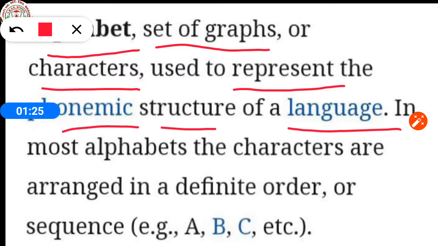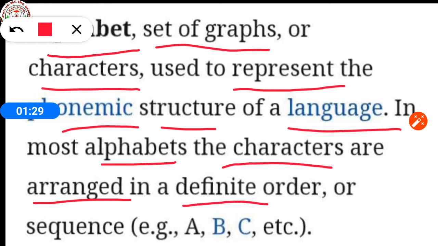In most alphabets, the characters are arranged in a definite order or sequence. For example, A, B, C, etc.